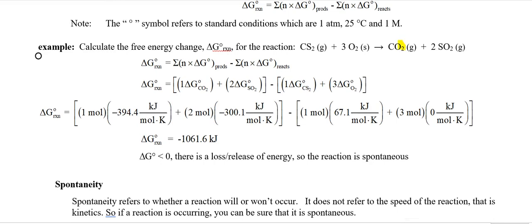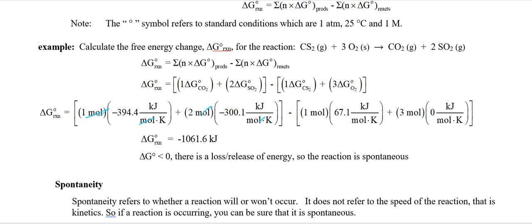Delta G is going to be the products, CO2, SO2, over here. And then you've got 2SO2, that's why there's a 2 there. The products minus the reactants, CS2 and 3O2. So you go to an appendix in your textbook, go online, you find your Gibbs free energy values, and you just substitute. The units cancel, which is probably why I ended up screwing up those units earlier.